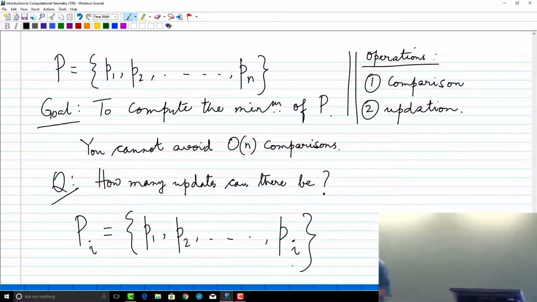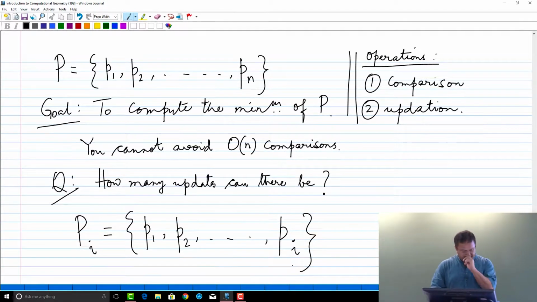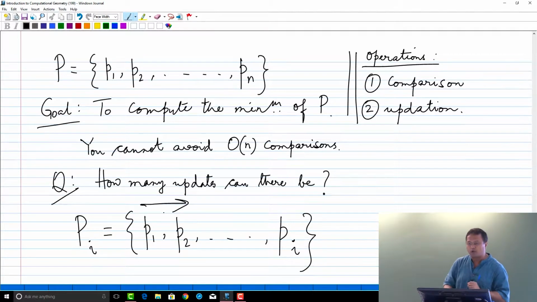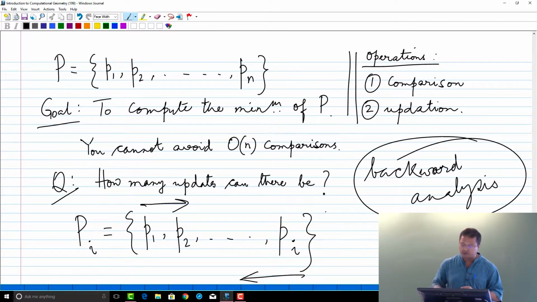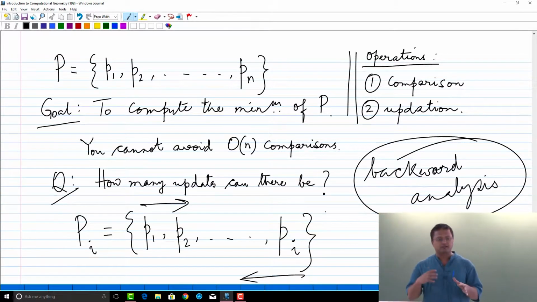Okay. Now, look into this fact. What I do is, instead of looking at the updations from the forward direction, let me look at it from the backward direction. There will be merits for it. So, this framework is known as backward analysis, and this is a framework which computational geometers keep coming back to again and again when they have to handle randomization in some way.